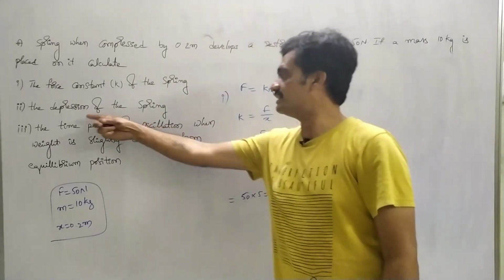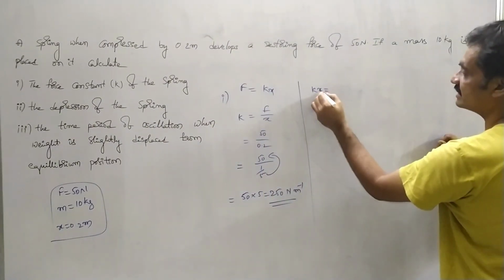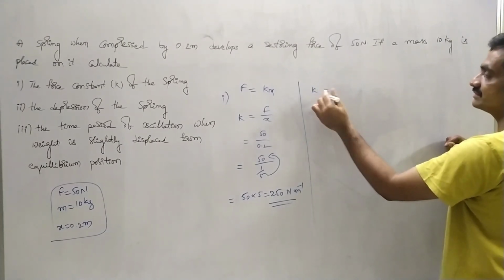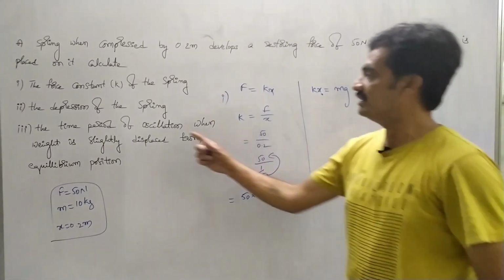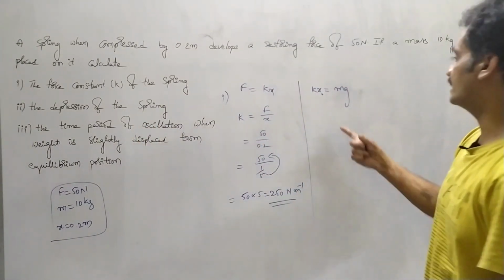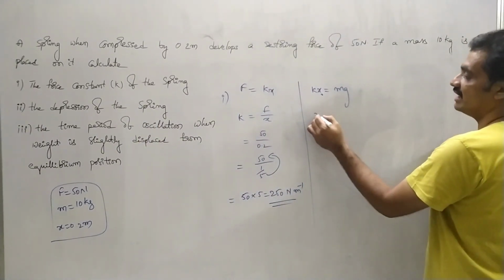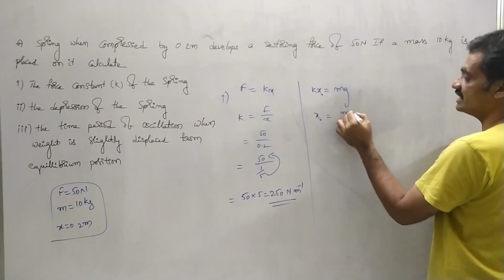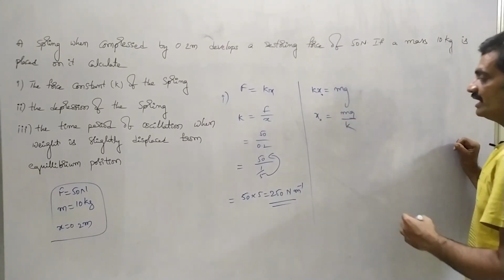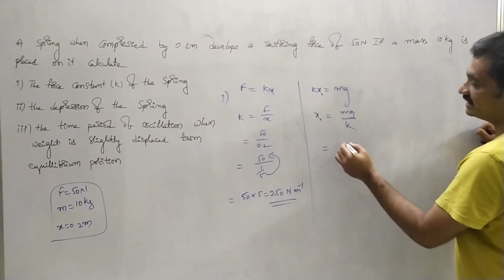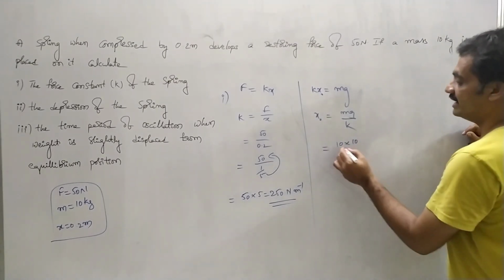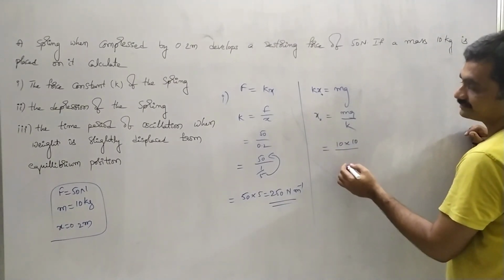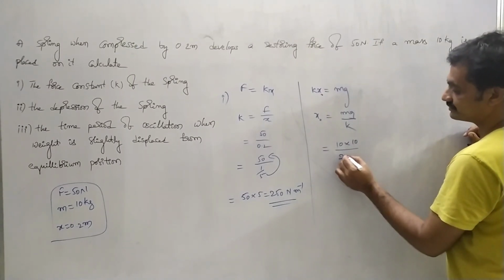Now we have to represent the depression of the spring. Kx naught equals mg, the weight of the body acting on the spring. So x naught equals mg by k, where the mass of the block is 10, g is considered as 10, and k is 250.